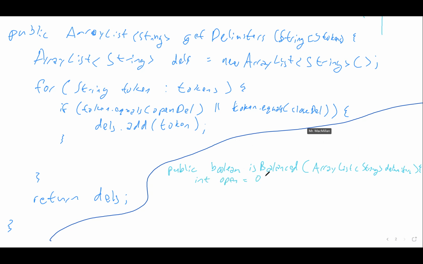And a for each loop. Do we care about indices here? No, it doesn't matter at all. So we're going to do another for each for string. I'll call it del in delimiters.